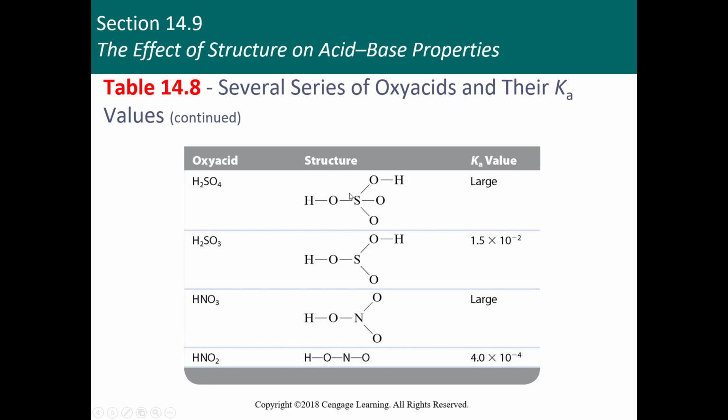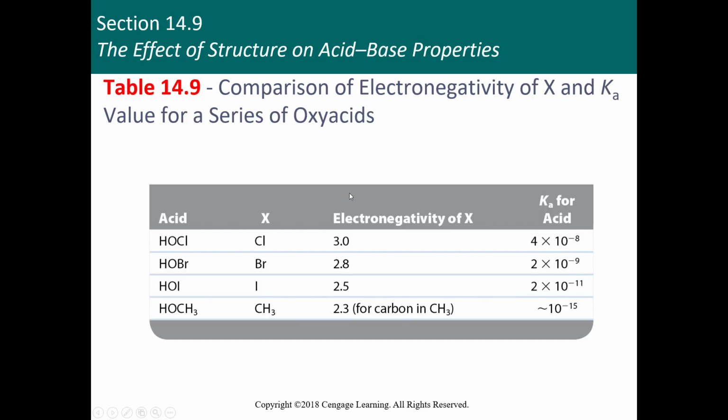And these are showing you the electronegativities of these atoms, due to the fact that they're bonded to the oxygens, being more electronegative than normal. You can see the electronegativity directly correlates to the Ka. So it is a stronger acid the more electronegative that atom is, typically.